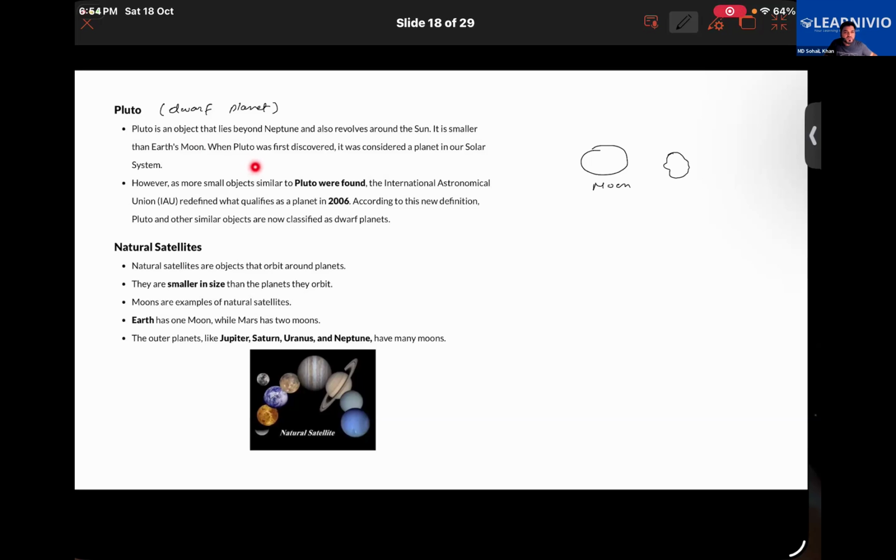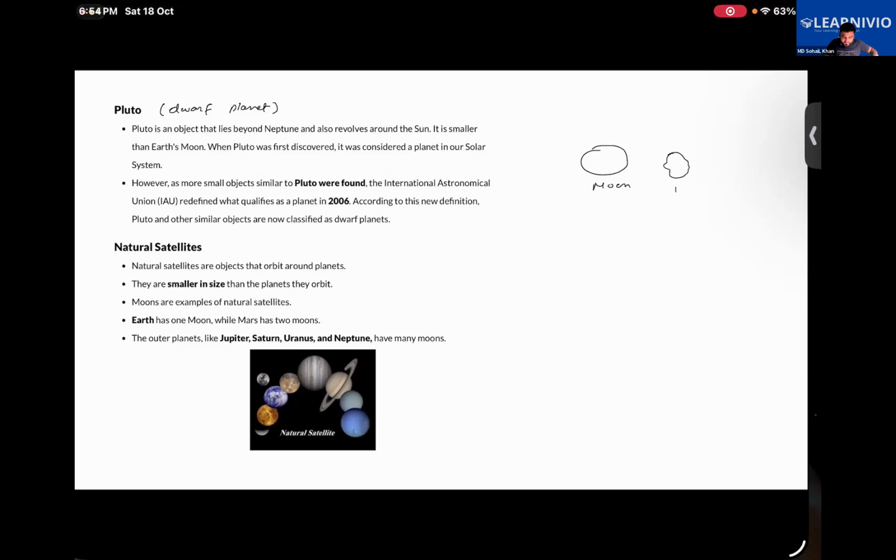When Pluto was discovered, it was considered a planet in our solar system. However, as more smaller objects similar to Pluto were found, the International Astronomical Union redefined what qualifies as a planet in 2006.